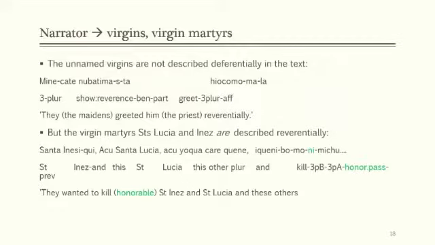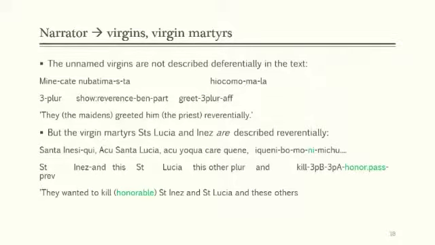The narrator, however, does not show deference to the virgins or the virgin martyrs. When the unnamed virgins are not described deferentially, we just say they greeted him reverentially. But the most holy virgins are the virgin martyrs, Saints Lucia and Inez, and they are described reverentially.